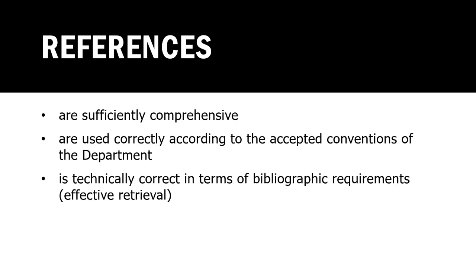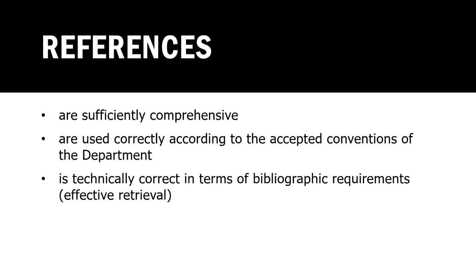So in terms of the technically correct, in terms of the bibliographic requirements, so effective retrieval. Different departments might have different referencing styles. So please check the guidelines, what style they commit to.